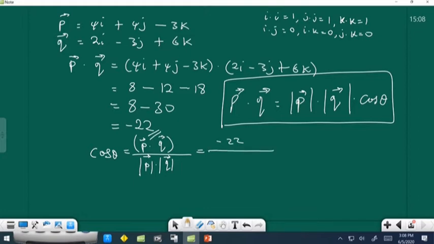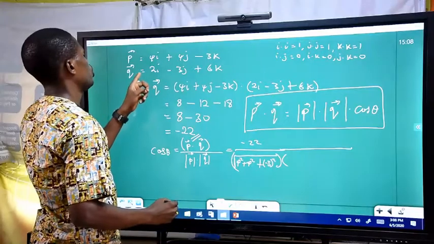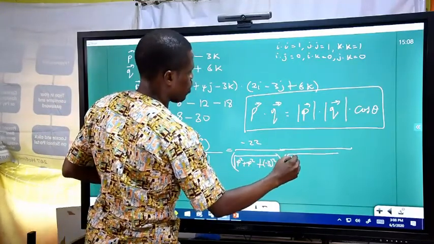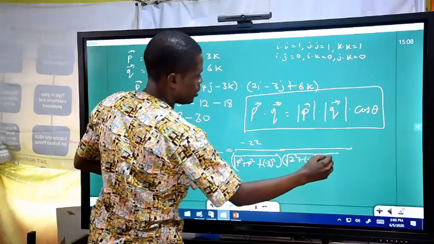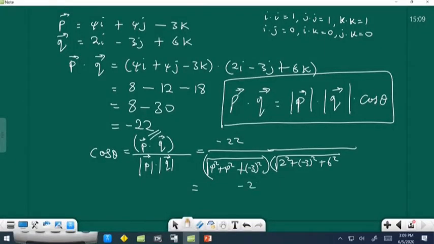We solve the others: square root of P, we have 4 squared plus 4 squared plus minus 3 squared, and the other one is Q, that is square root of 2 squared plus minus 3 squared plus 6 squared. So finally we have minus 22 divided by, we have 4 squared, that is 16, 16 plus 16 is 32, plus 9 is 41.